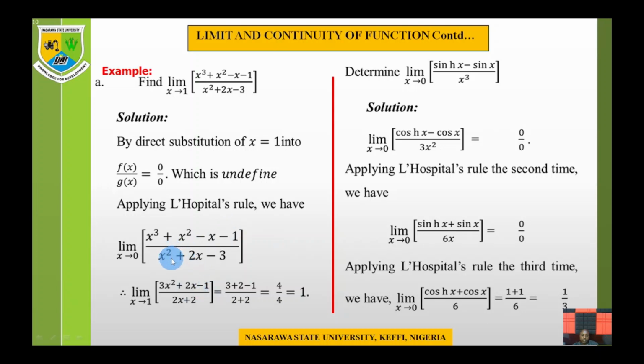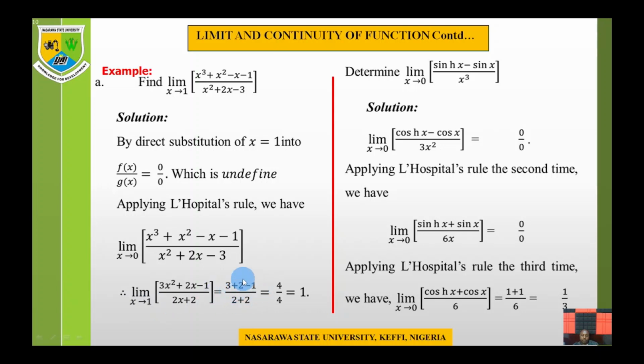Then the denominator of the original function is this, and when you differentiate the first time, you have 2x. The second term gives you 2. The third one being a constant, the derivative is 0, so it's no longer here. And so this is the limit of the derivative of f over the derivative of g as x approaches 1.